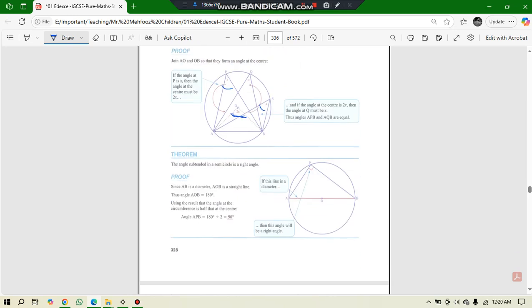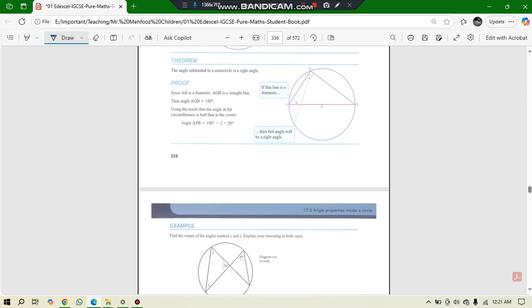Another theorem is that the angle subtended in a semicircle is a right angle. How? The proof is that if this is a semicircle, the line must be a diameter because it passes through the center of the circle.